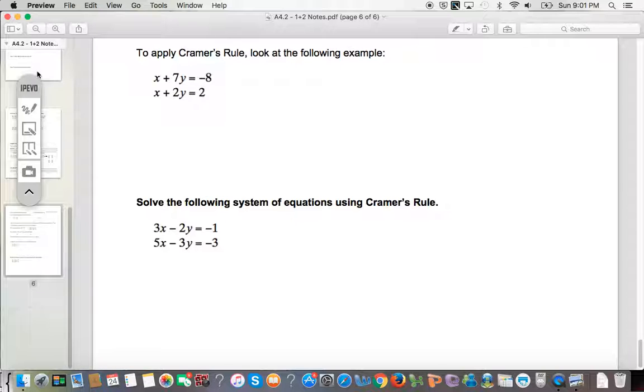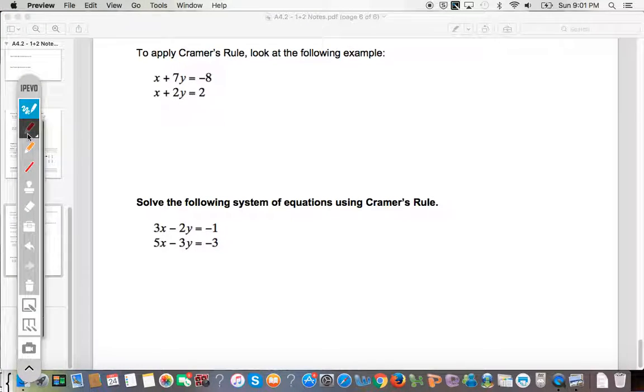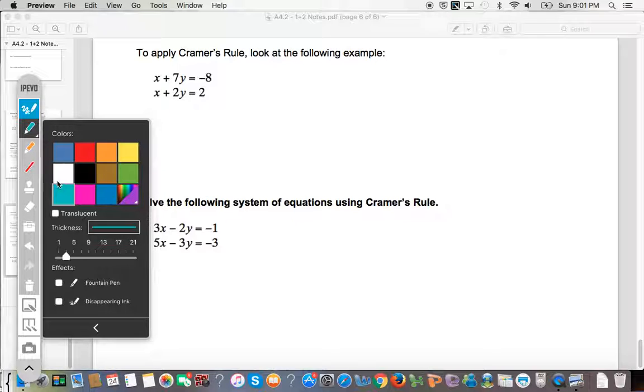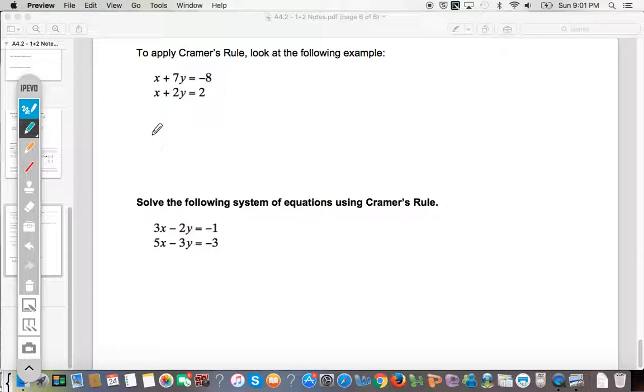Okay, so let me switch up my color here. So first off, I'm going to label all my points. So A1 is my coefficient right here, so it's 1. A2 is my coefficient down here, it is also 1.